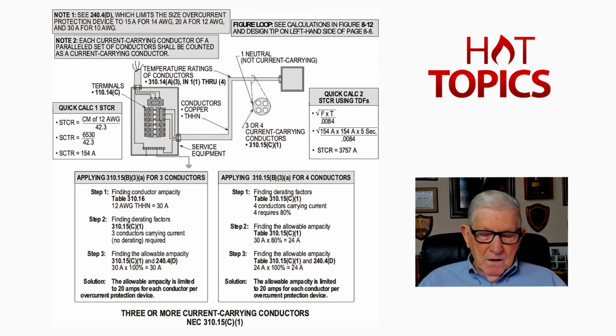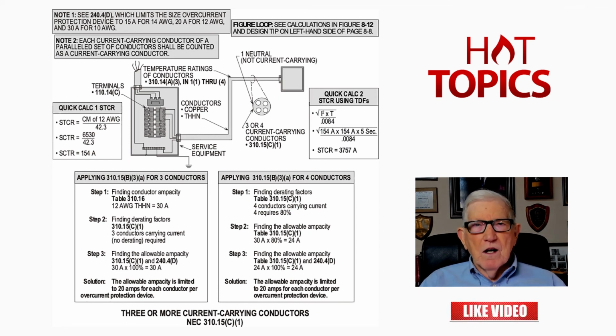110.7, around page 46 of your code, says that we as electricians have to ensure that the circuit that we're protecting with that 30 amp overcurrent device, number 10 wire, is free of short circuits, ground faults, and overloads and so forth.